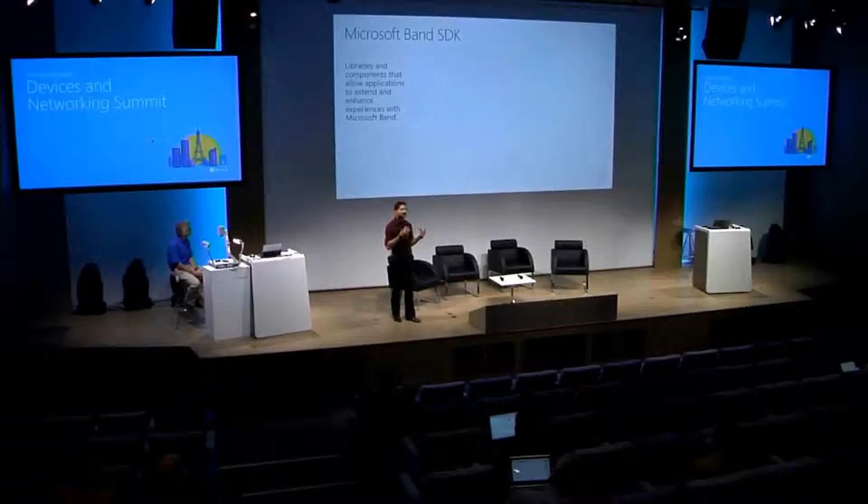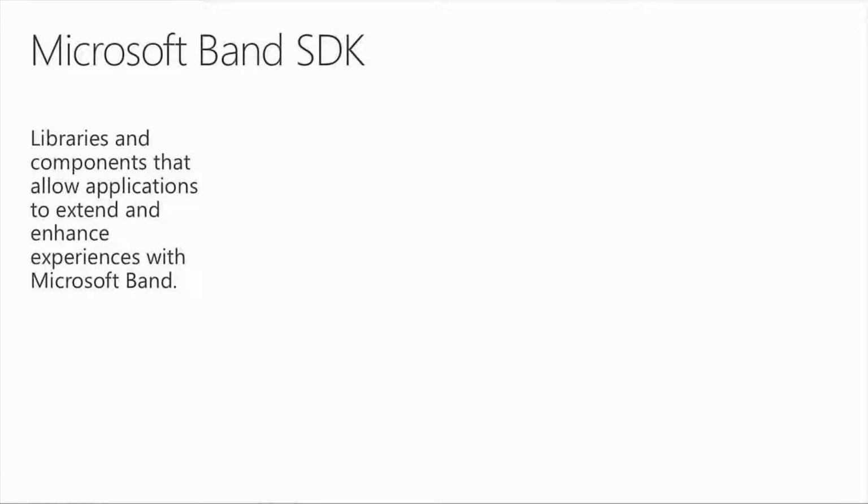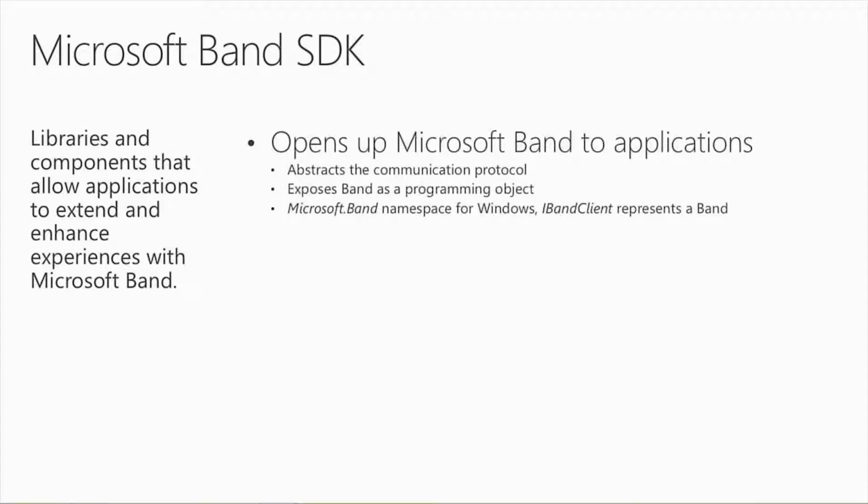So what is the Microsoft Band SDK? In a nutshell, its purpose is to allow third-party developers to enhance and extend the experience of their applications by getting data from the Microsoft Band. It opens up the Microsoft Band for applications by abstracting out the communication layer between the band and the phone, and it exposes the Microsoft Band as a programmable object.